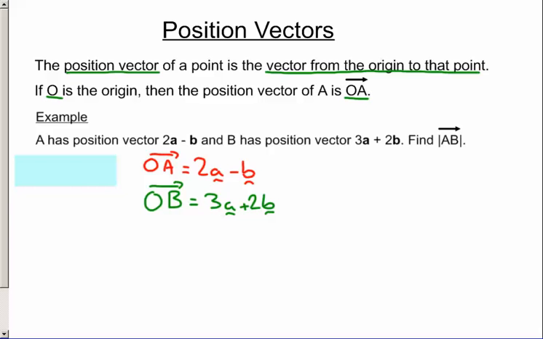Now if we think about what this might look like geometrically, we have some point O, some origin, put that here, and from that we've got two vectors.